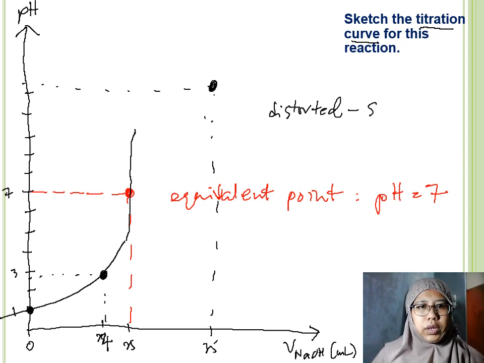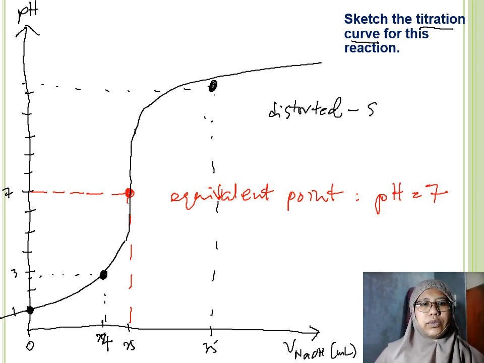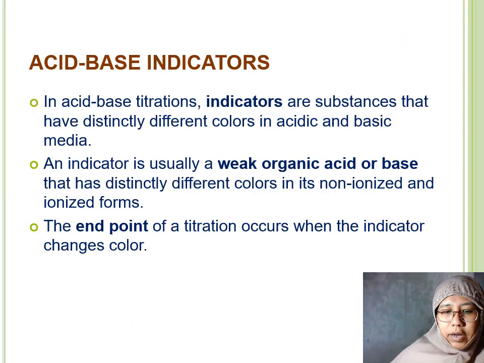This one also going to the curve over here. So this is how you draw the titration curve. Now please do practice 7.5 and try to plot the titration curve on a graph paper. This is a very good exercise for you.